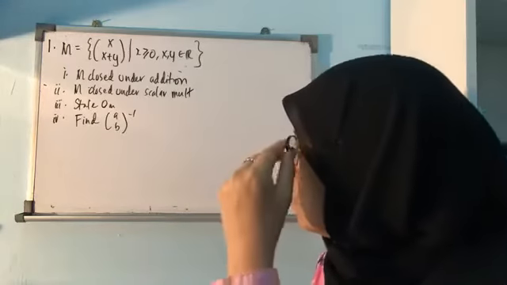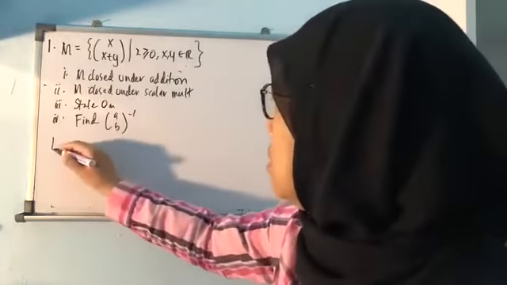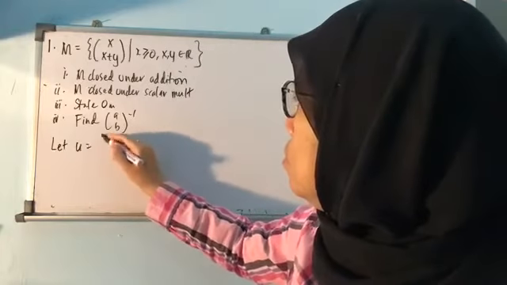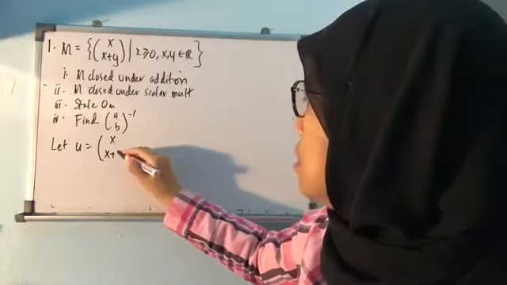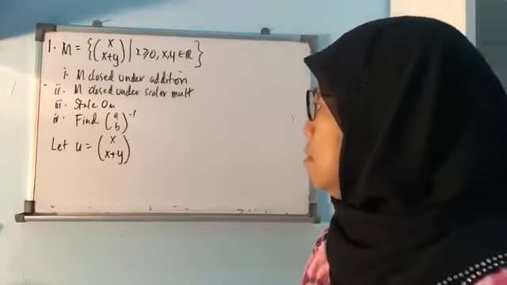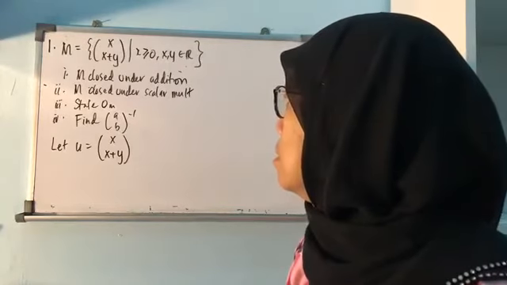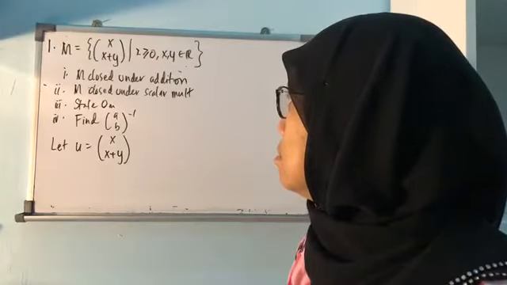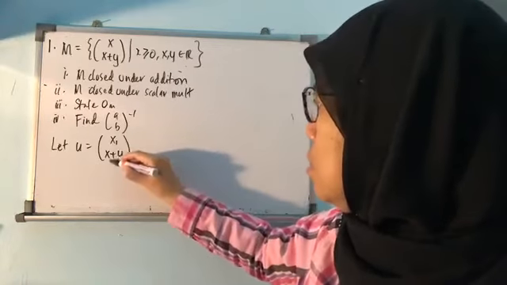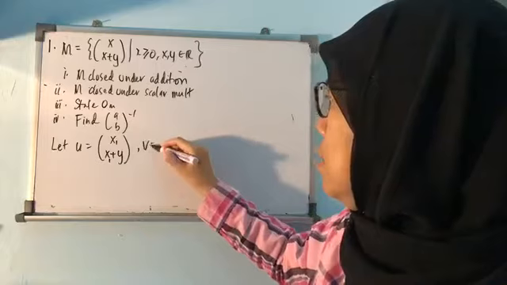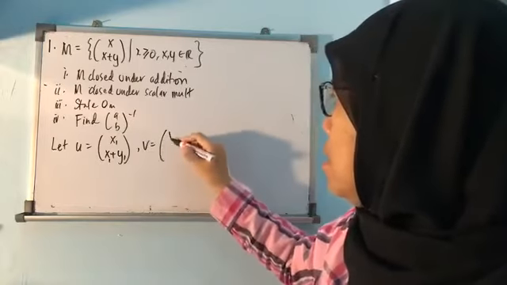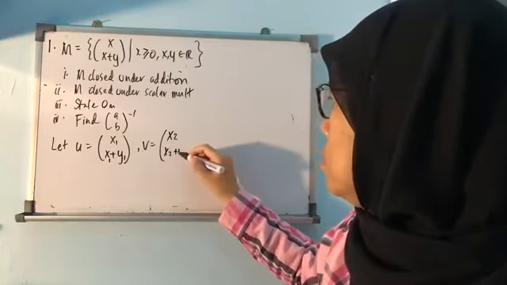Okay, so let u be x1, x1 plus y1. Okay, you can use x1, right? v is x2, x2 plus y2.